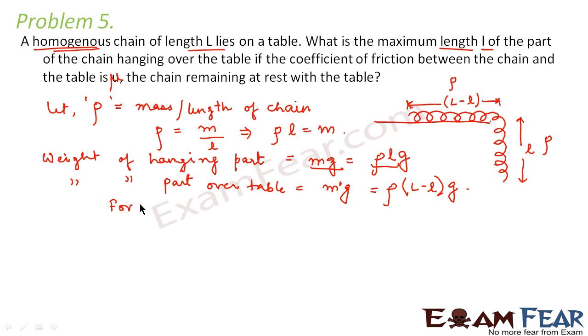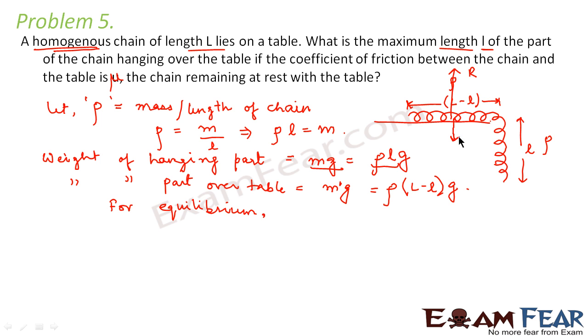Now if the chain is at equilibrium, that is, if the chain is stably lying in this position, in that case R, which will be acting upward, should be equal to the weight of the chain over the table. There is no vertical motion of the chain. This chain is in contact with this surface, so there will be a reaction force acting upward.